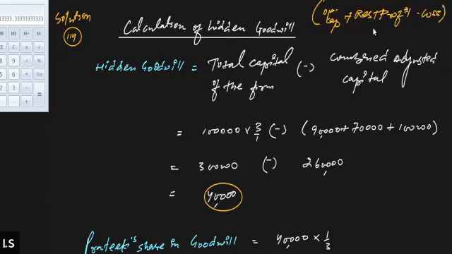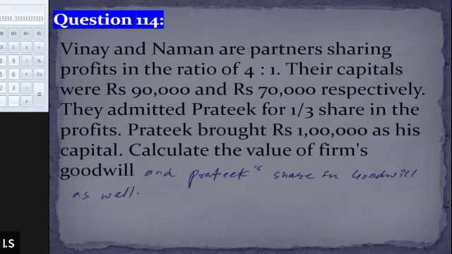This is how we find the adjusted capital of one partner. But since in this question, apart from the opening capital, nothing is given, neither reserves, nor profit, nor loss, whatever the opening capital of the partner is will be considered as the adjusted capital of that partner. So the adjusted capital of the first partner will be 90,000, same as his opening capital.